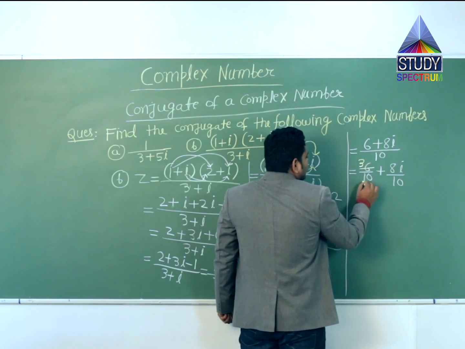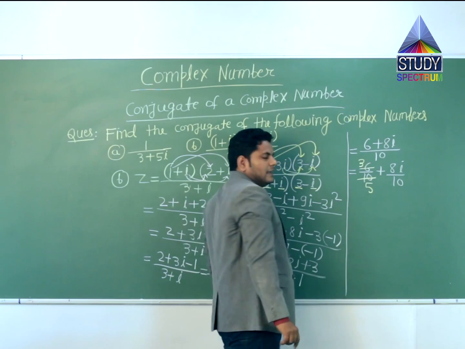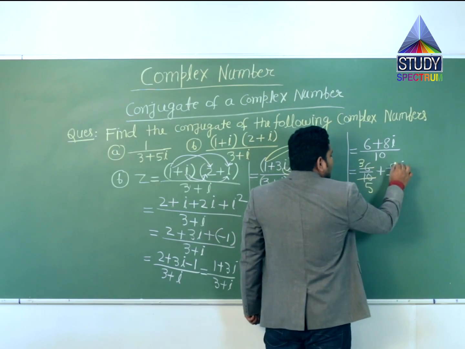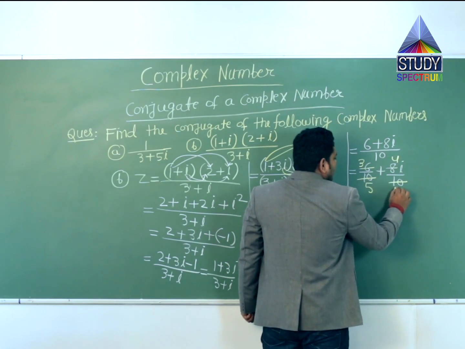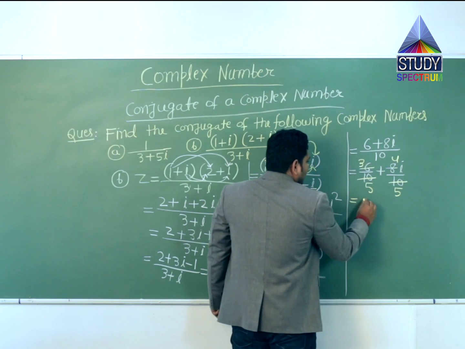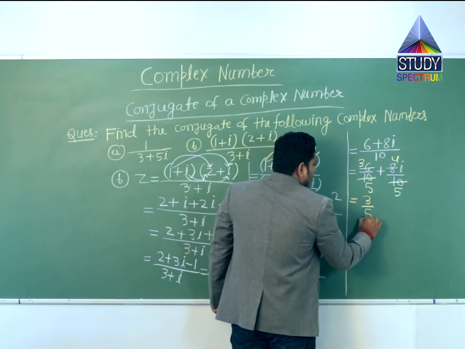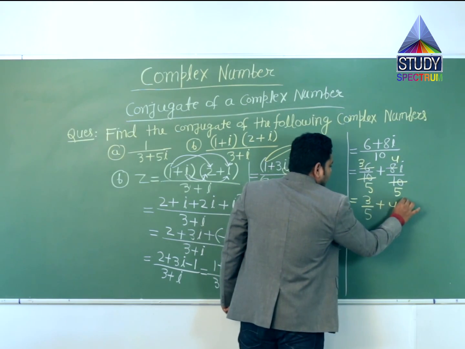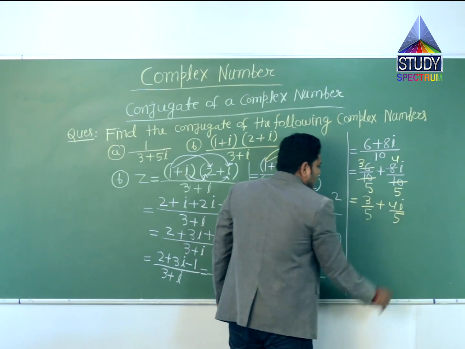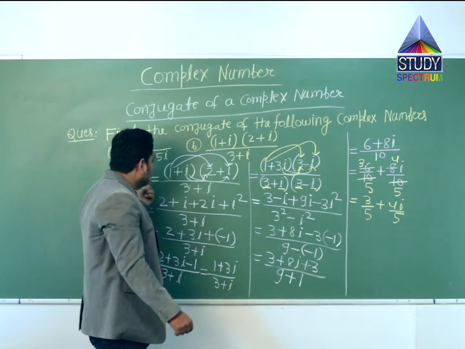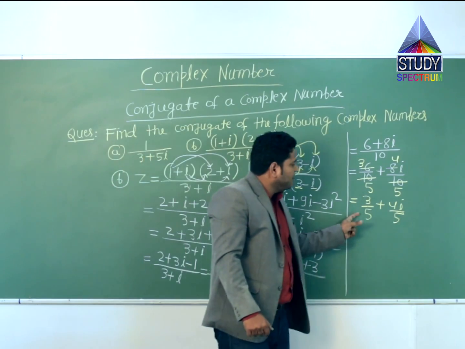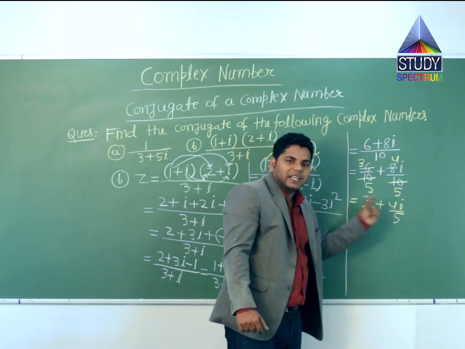2 3s are 6, 2 5s are 10. In the same way, 2 4s are 8, 2 5s are 10. So it will be 3 by 5 plus 4i by 5. Now we have converted this complex number in terms of a plus ib or x plus iy.